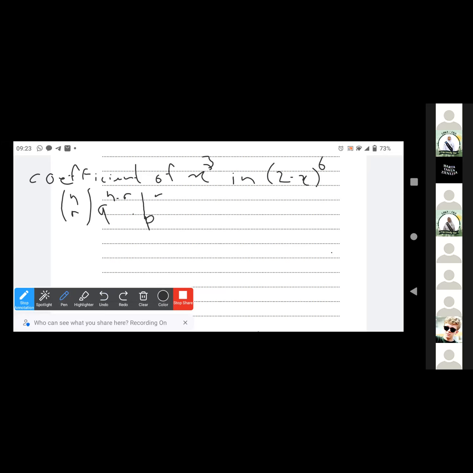And in this case, n is 6, a is 2, and b is negative x.